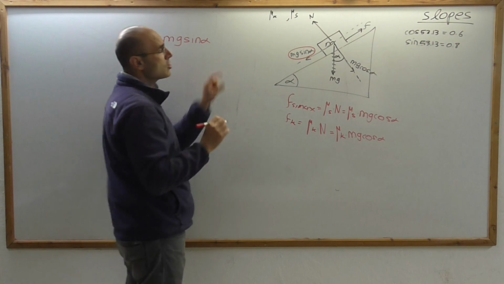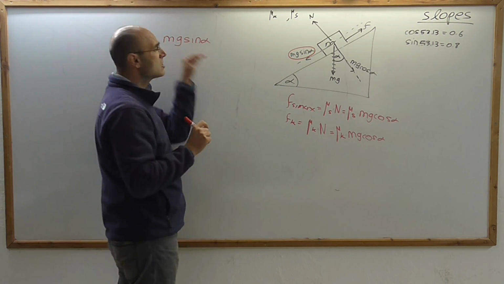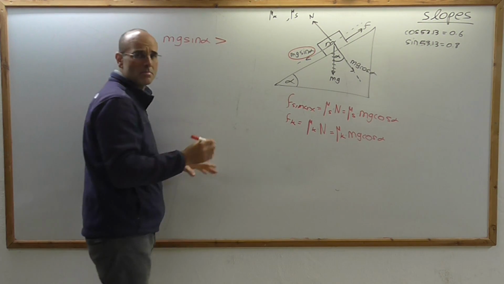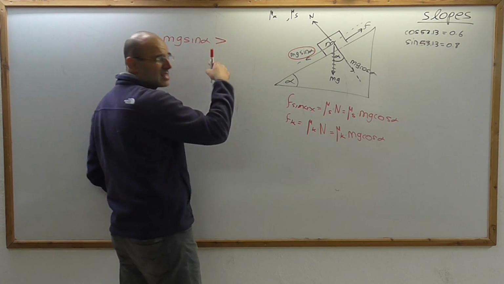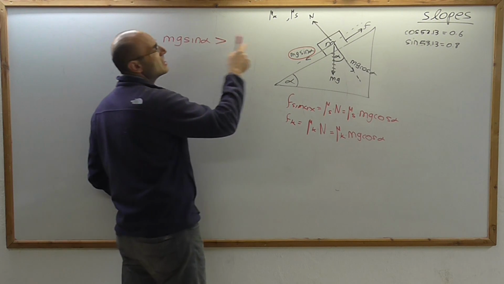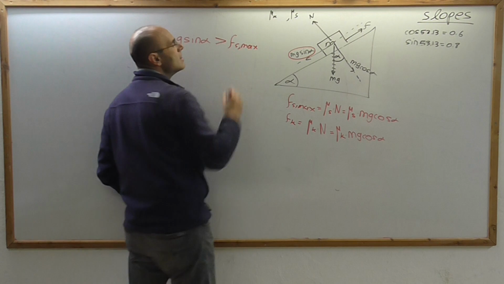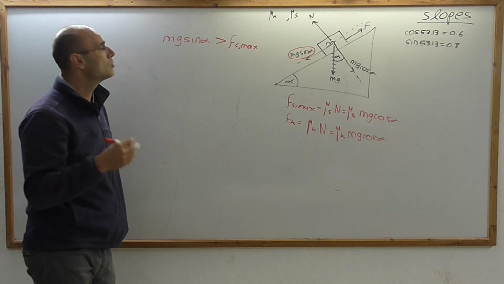If I want just the minimum, I'll put equal. If I want bigger, I'll write bigger. It doesn't matter. Let's write bigger. If mg sine alpha is bigger than the F static max, this mass will start to move.